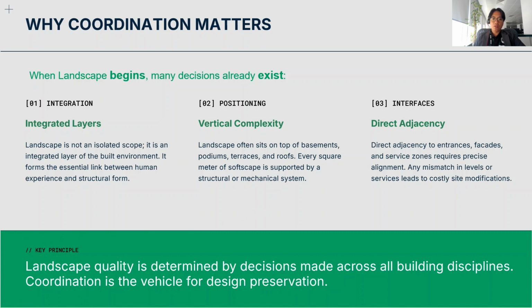Every square meter of the softscape is supported by structure or mechanical systems. Lastly, landscape has direct adjacency, where landscape objects connect with objects from architecture and structure without a gap. We touch edges, facades, or service zones directly, so we need very precise alignment.